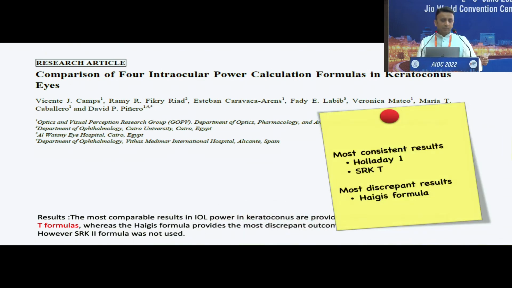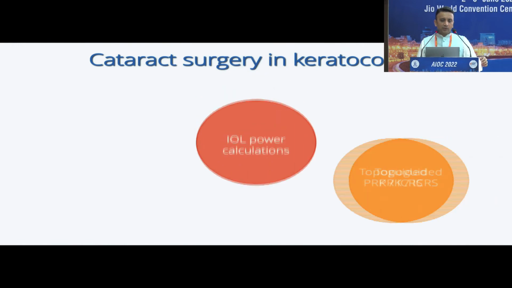There are many papers which have compared different formulas, and ultimately it looks like SRK/T or Holladay 1 is actually good. So if you're using that, let's go ahead with that, and we should be quite okay there.